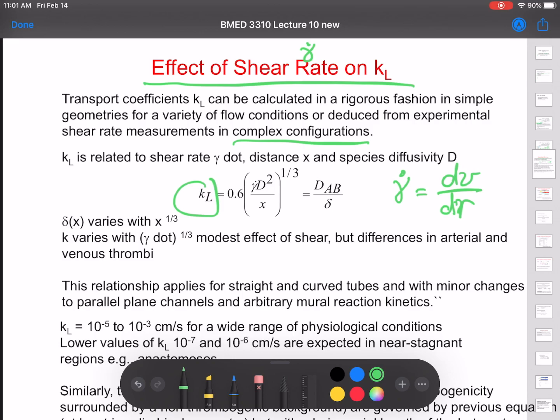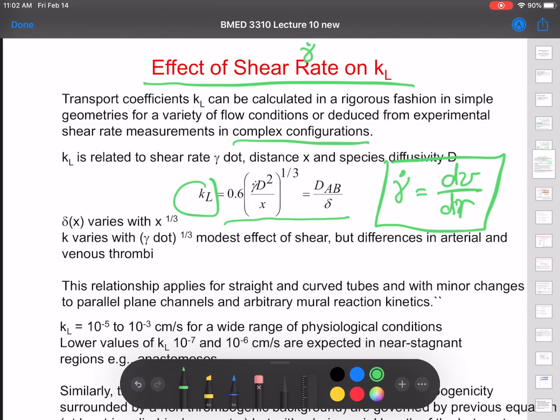Right up against the wall, this value is kind of high, and when you have a reactive wall, that's the gradient that you're concerned about. So she was showing you a way that you could estimate the local mass transfer convection coefficient.